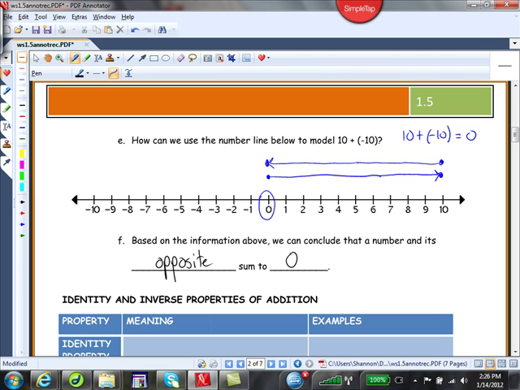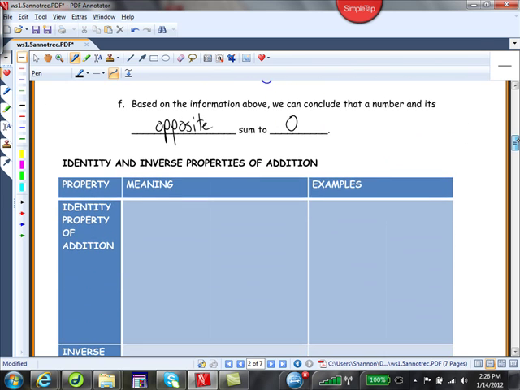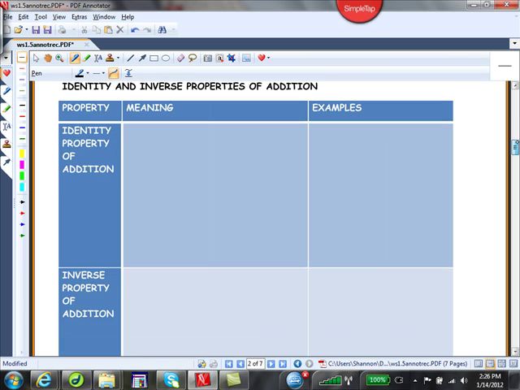Alrighty, so here we go. Starting the lesson, identity and inverse properties of addition. The identity property of addition means that 0 can be deleted from a sum. Okay.